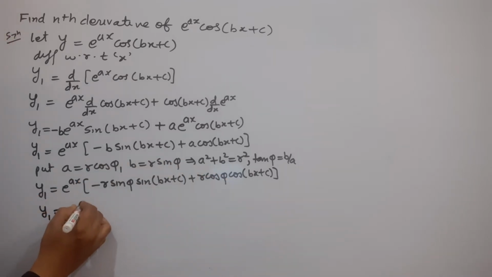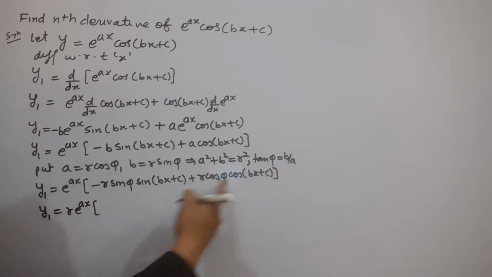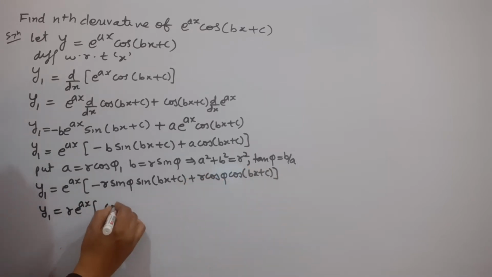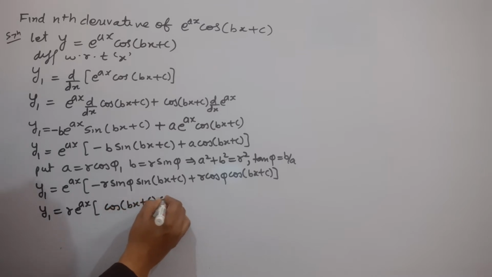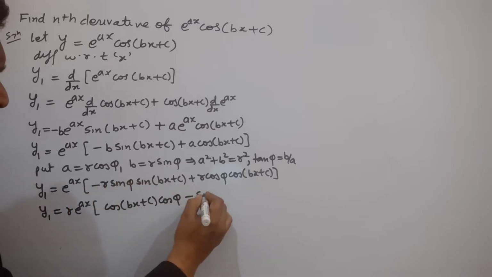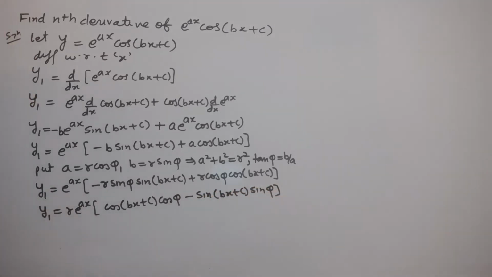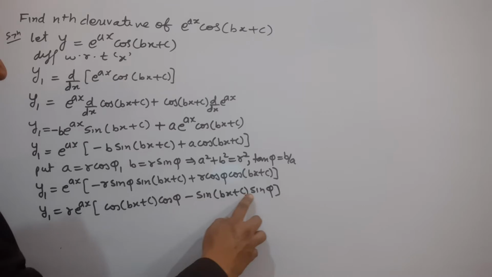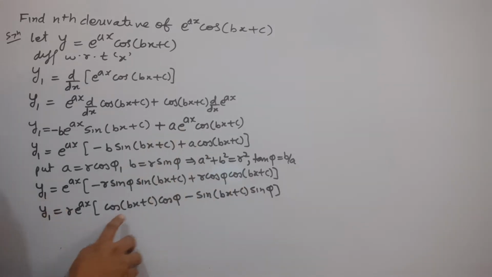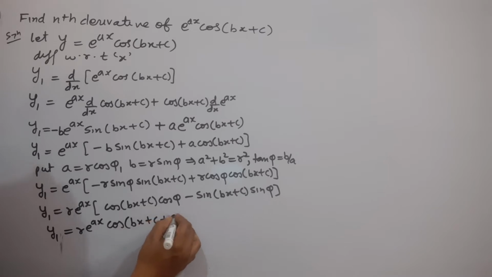We write r multiplied by e to the power ax, and inside, cos(bx + c) multiplied by cos phi minus sin(bx + c) multiplied by sin phi. Now we use the formula cos A cos B minus sin A sin B, which is equal to cos(A + B). So we can write r multiplied by e to the power ax multiplied by cos(bx + c + phi).